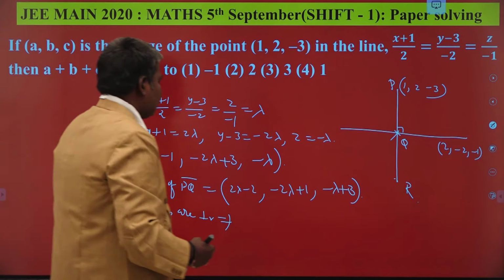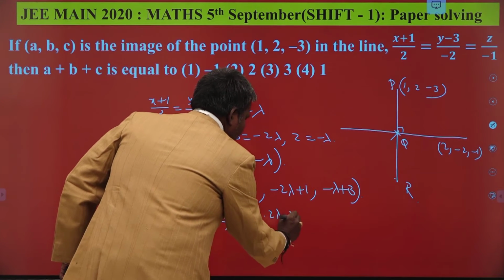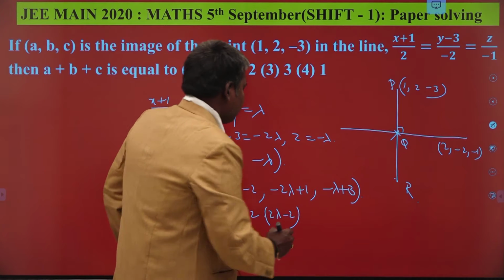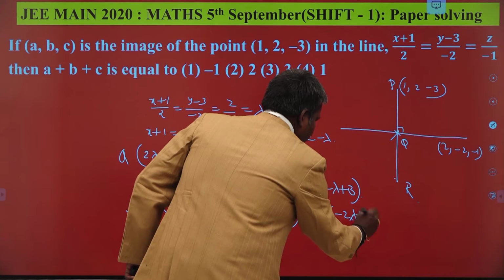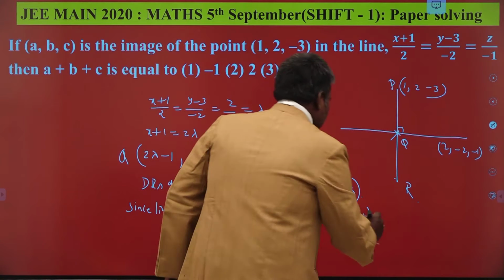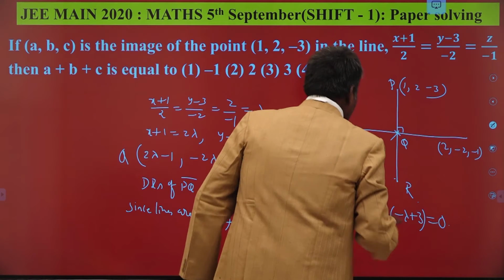I am going to apply the dot product equal to 0. 2 times of 2 lambda minus 2. Next minus 2 times of minus 2 lambda plus 1. And again minus 1 times of minus lambda plus 3 is equal to 0.